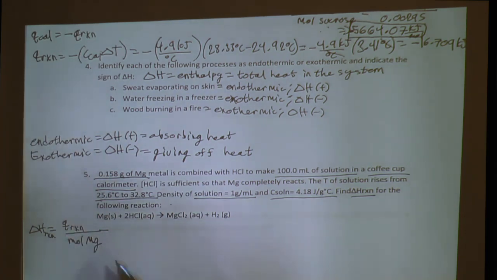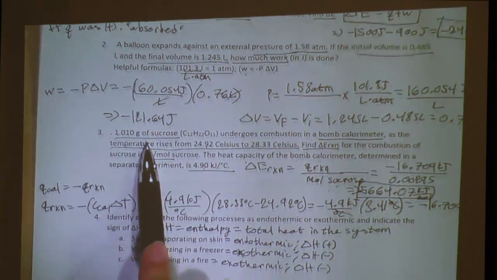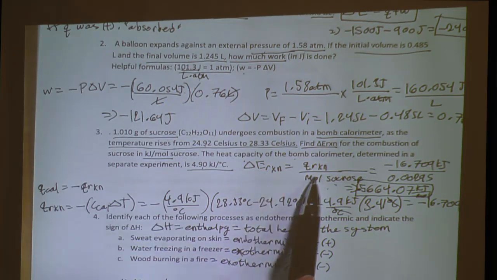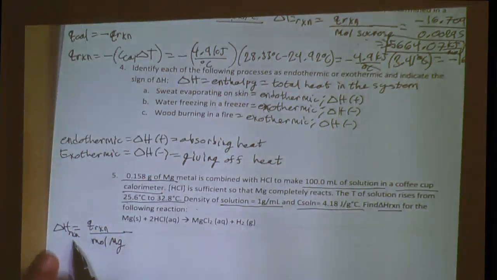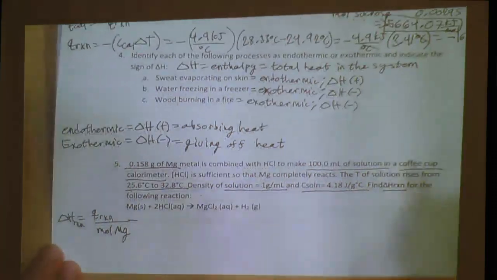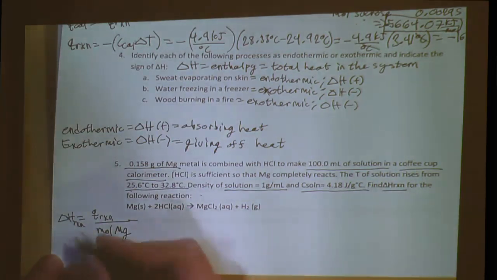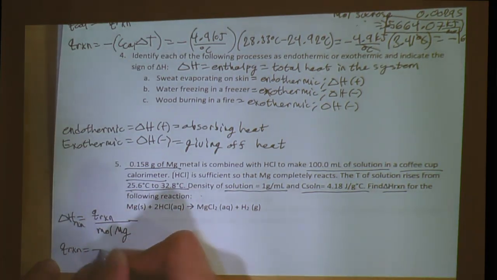Now, likewise, how we did it in question 3 above, if you notice our change in energy reaction, we made our Q negative, right? Because Q cal is equal to negative Q reaction. We're going to do the same thing here. Our Q reaction is going to be negative in the end. So for a coffee cup calorimeter, we have that Q reaction is equal to negative mcΔT.